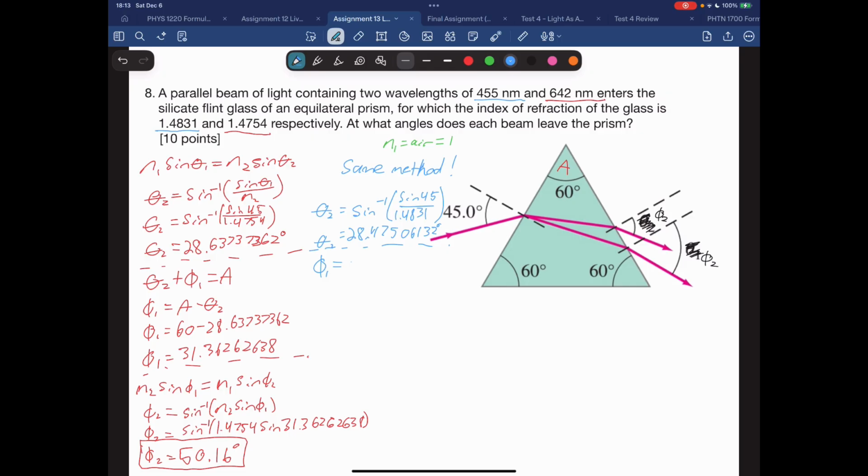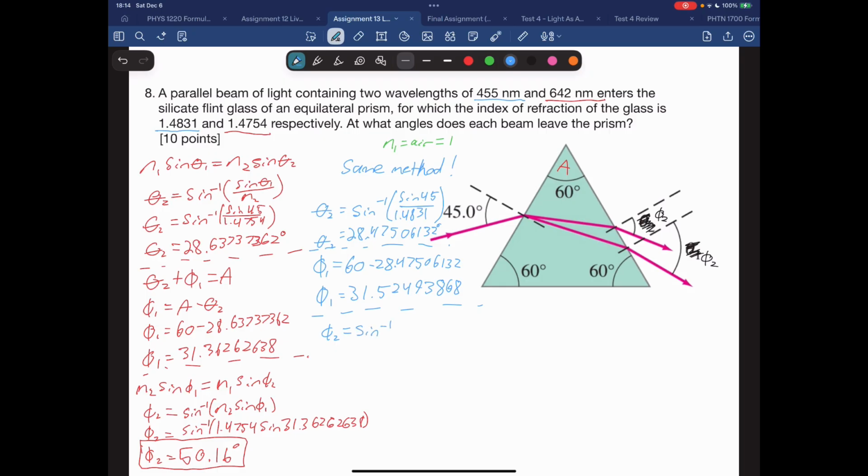So phi 1 equals 60 degrees minus the number we just got, 28.47506132. So phi 1 is equal to 31.52493868. And setting up my final Snell's law here, again, same method.